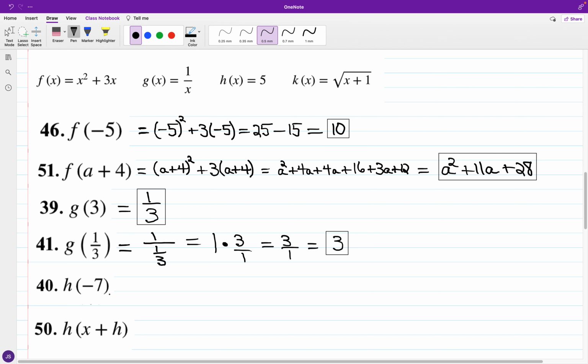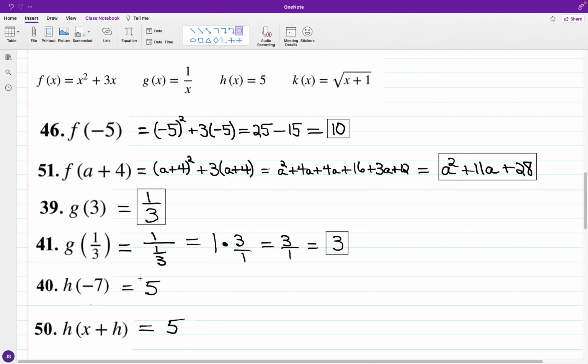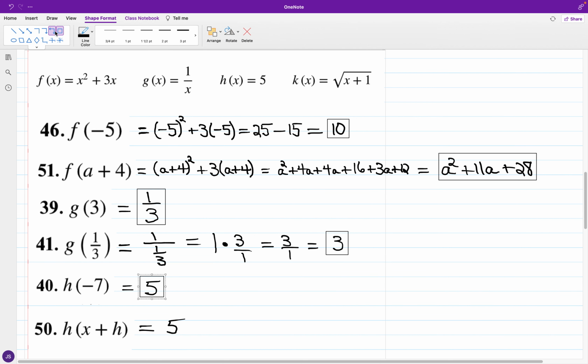Whether it is a constant, with x represented by -7, there's nothing to plug in for x this time around, so this will be locked in at 5. Same thing for h of x plus h. Still, the output is fixed at 5. So for 40 and 50, we have the output at 5.